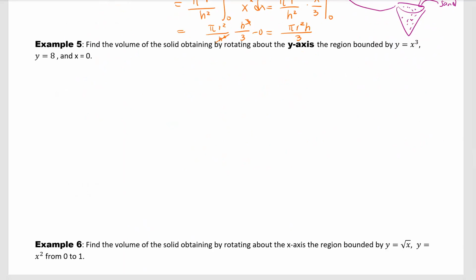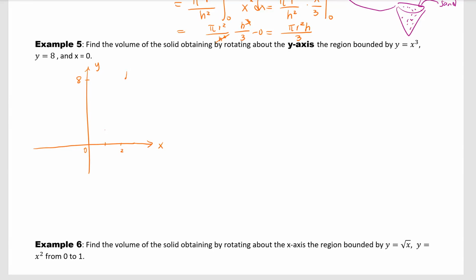So we have the x-axis and we have the y-axis. Let me draw the x-axis a little bit more down here. And then x cubed. We know x cubed passes through (0, 0), (1, 1), and (2, 8).